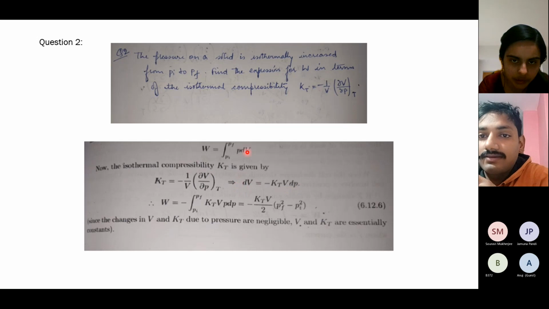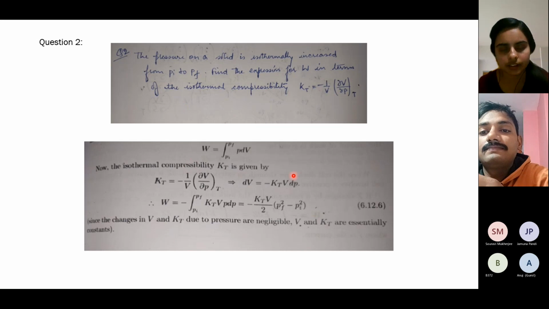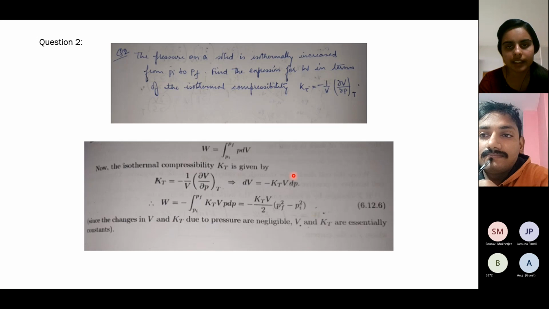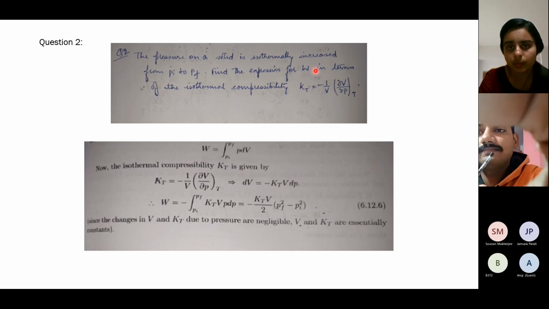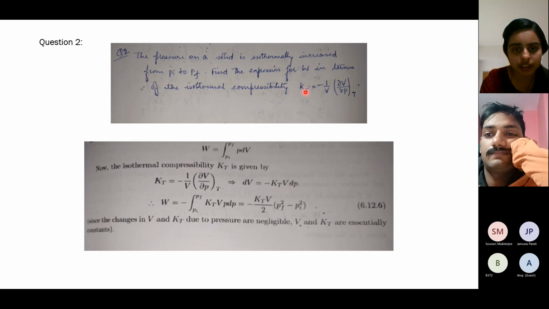And we put it in this expression, and then we integrate. So this question tells us how information like these response functions can be useful in deriving expressions for measurable quantities, or quantities which are otherwise maybe not known to us. We can have the idea about these response functions, and from there we can find the expression for work or heat and all of that.